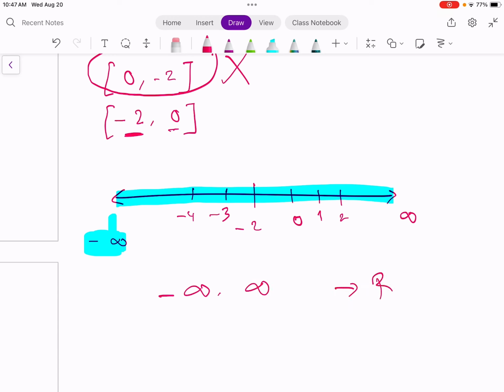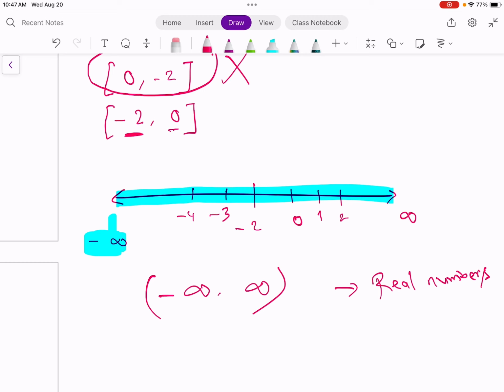These are real numbers. Every number between negative infinity and positive infinity is a real number. And if you have infinity, you always use parentheses. You do not use a bracket. If you have an infinity, it's always parentheses.